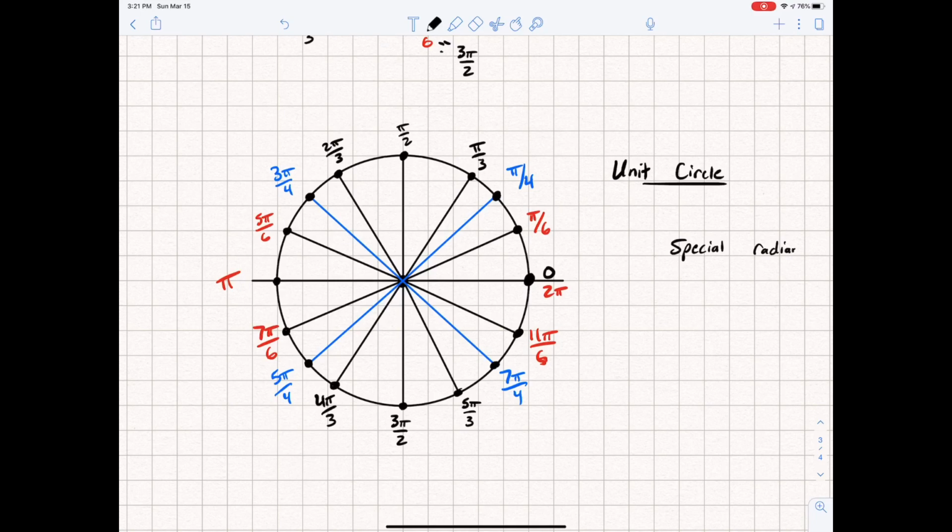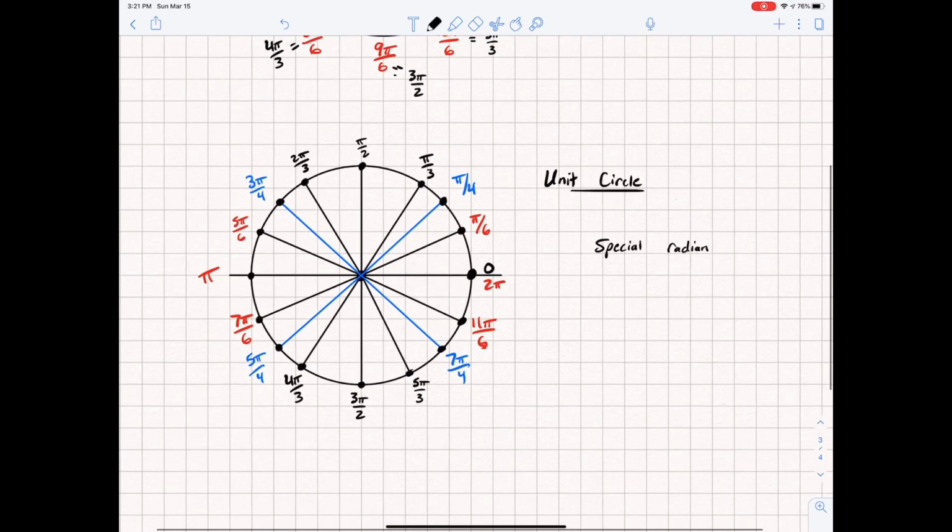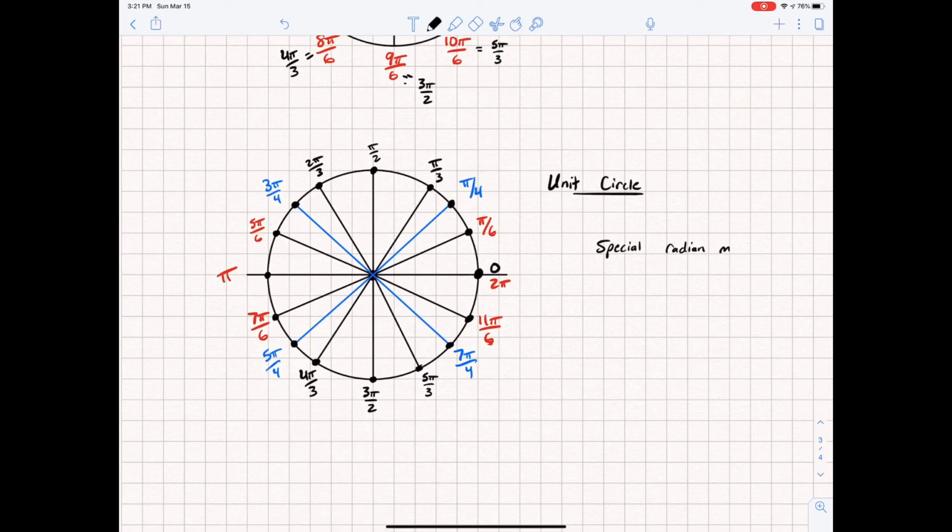And just to hopefully get some kind of connection with what you did in geometry, you should recall that special has a specific connection with things that you talk about from geometry. You specifically focus on special right triangles, which involve special angles.